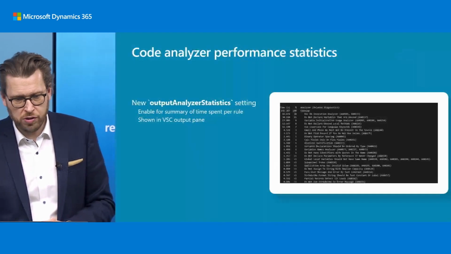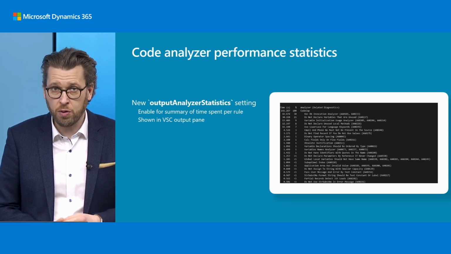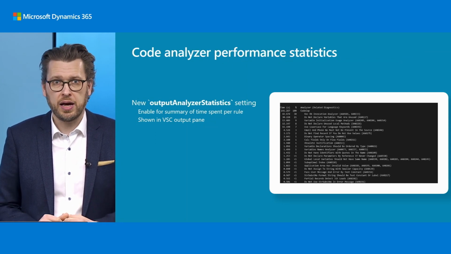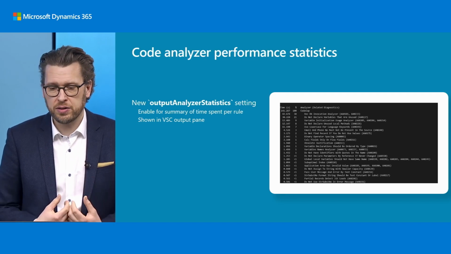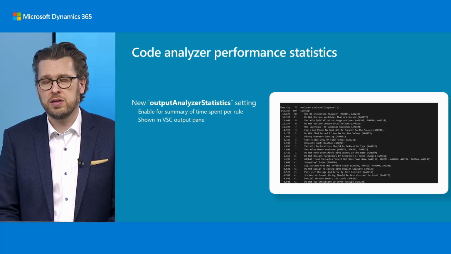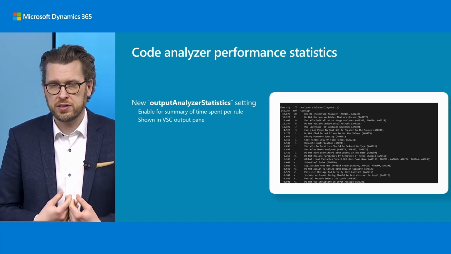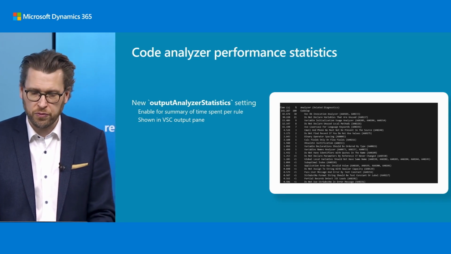Okay, so not only have we improved the performance in general, as well as introduced the file scope so that it runs on a much smaller set of objects, but we're also giving you as developers insight into the performance.